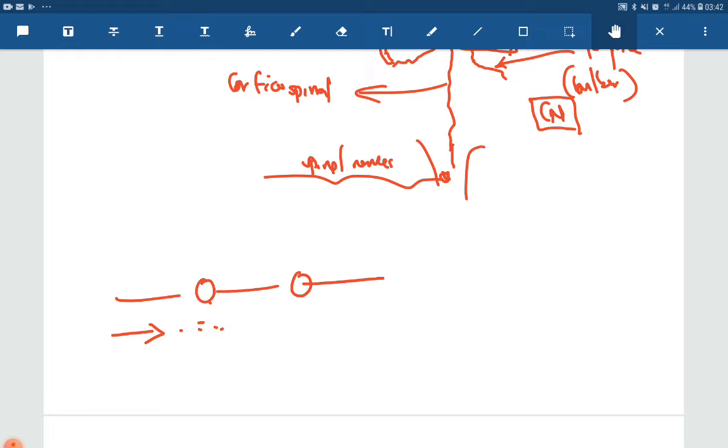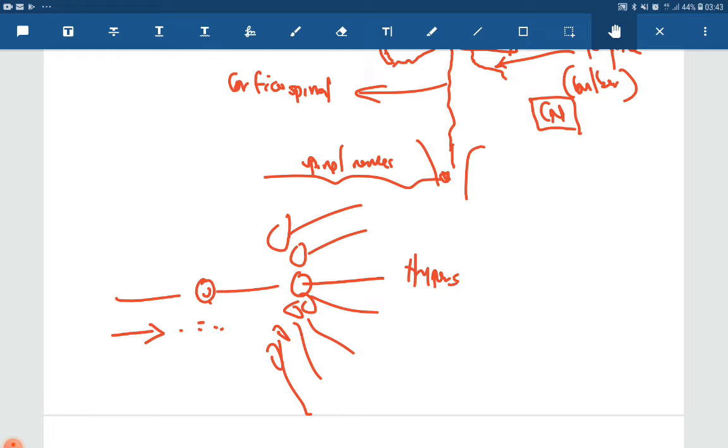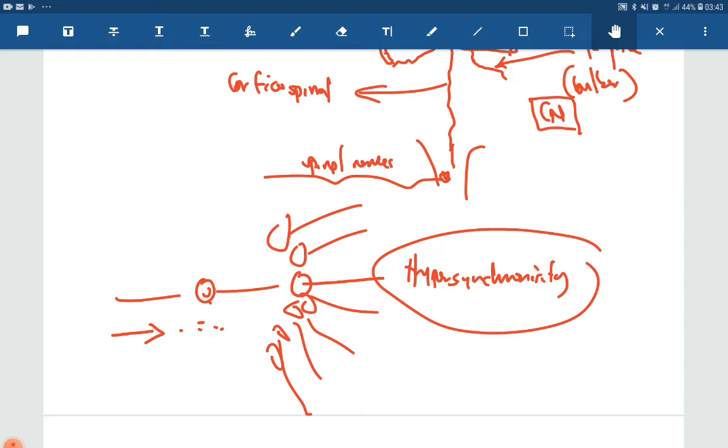But in seizure, you have a nerve triggering several nerves, and when several nerves are triggered by this nerve, that's what we call hypersynchronicity. That's one of the hallmarks of seizure.